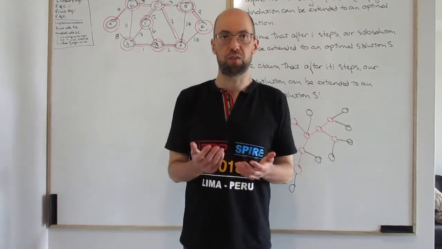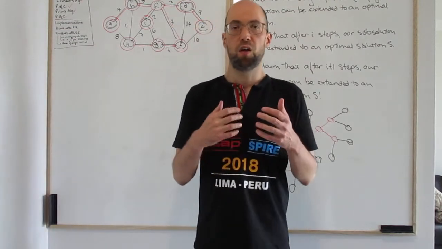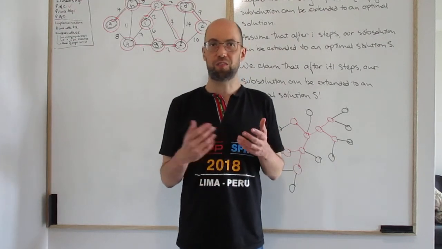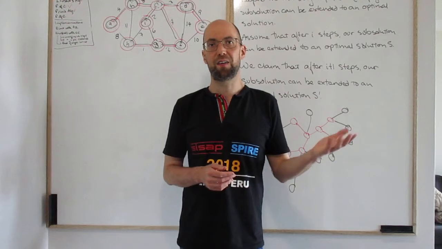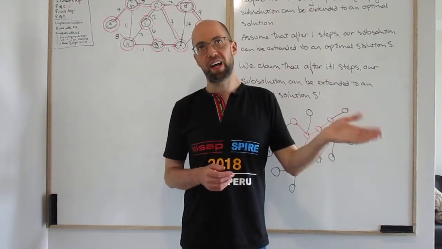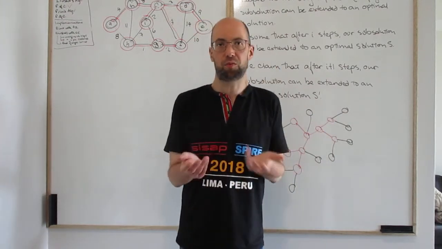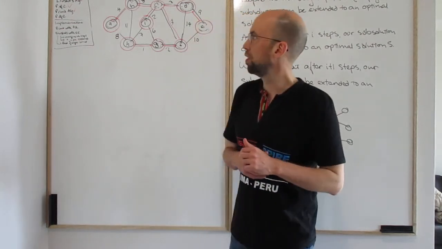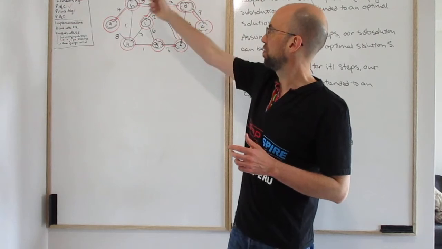If S disagrees with us, it could be that we throw something away and S doesn't, but that can't happen, because if we throw something away, then S cannot take it, because we only throw it away because it creates a cycle. So that's why we're considering things in order.